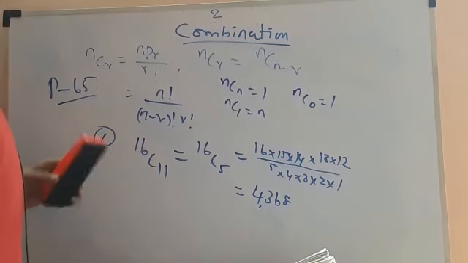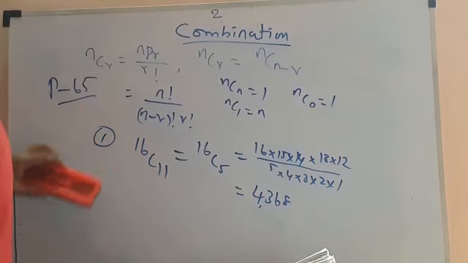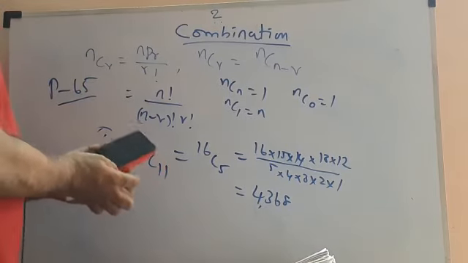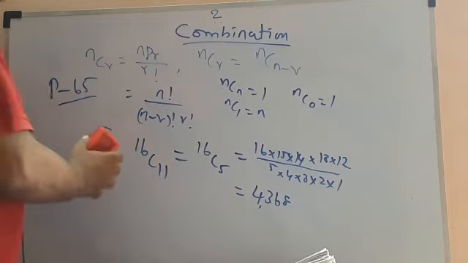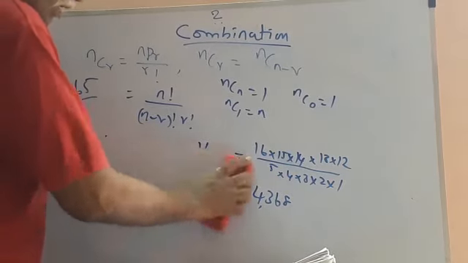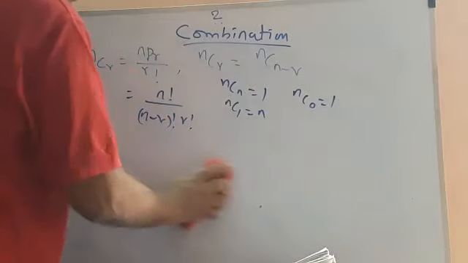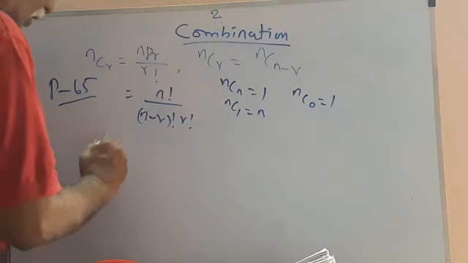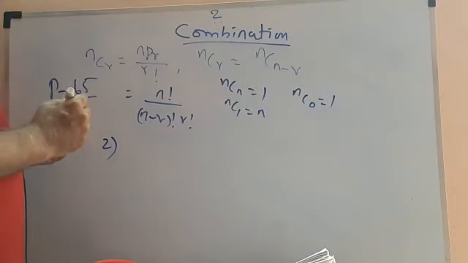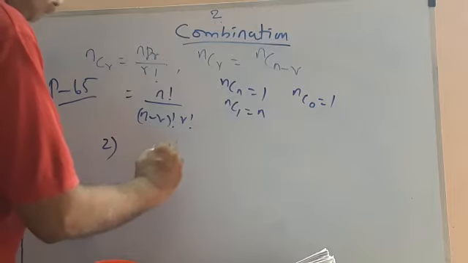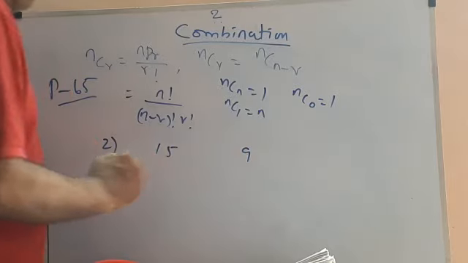From a company of 15 men, how many selections of 9 men can be made so as to exclude 3 particular persons? See, second question is given that out of 15 men, you have to select 9.